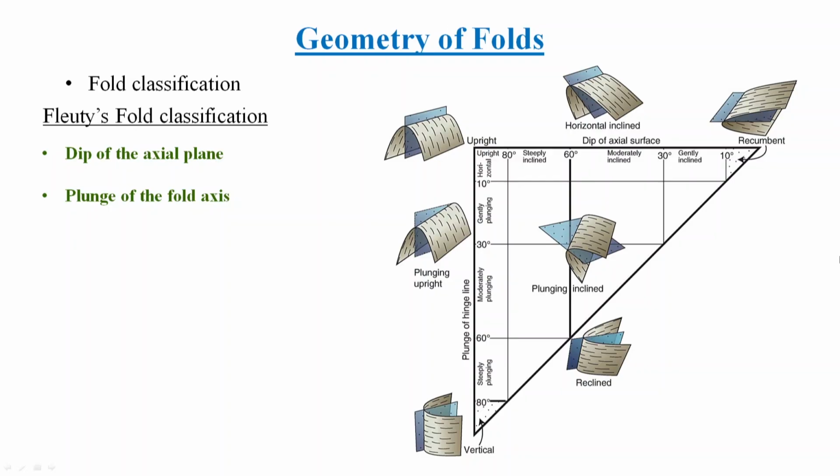That direction will obviously be the horizontal direction, again because that is measured with respect to the geographic north. In that case, I can also classify folds based on the plunge amount. There are horizontal folds where your fold axis is horizontal, then you have gently plunging, where your fold axis is gently plunging like this, you have moderately plunging, a little bit more, you have steeply plunging, you have vertical.